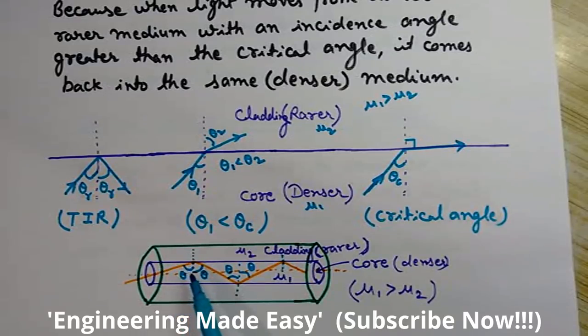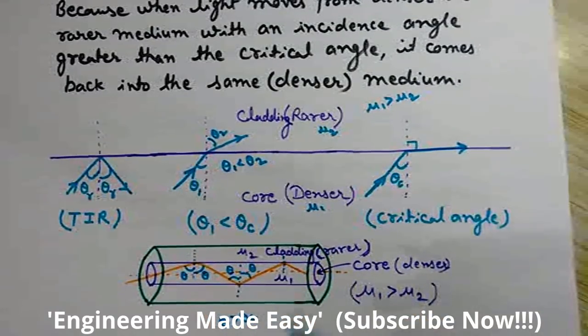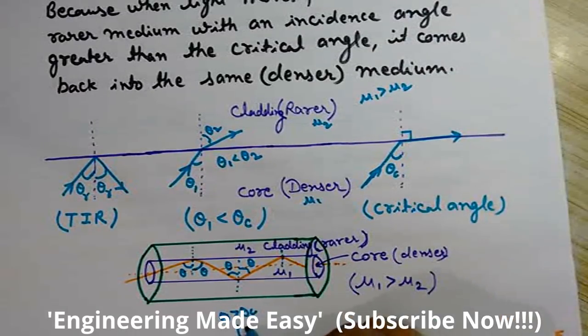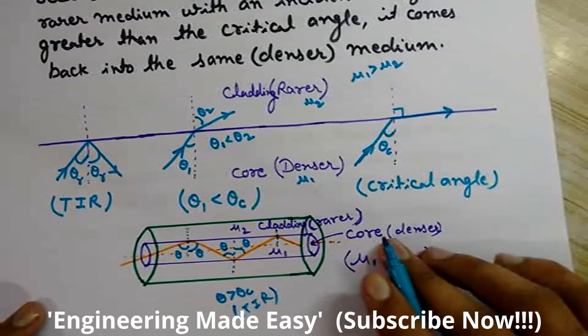In the same way, here we have the denser medium and the rarer medium of cladding. When the light ray moves from this denser to rarer medium, since this theta here is obviously more than theta critical, TIR takes place, total internal reflection takes place.